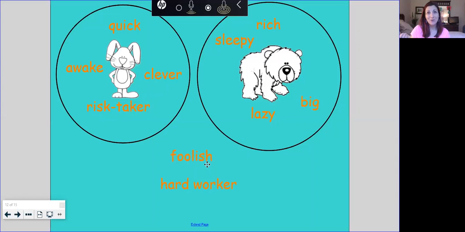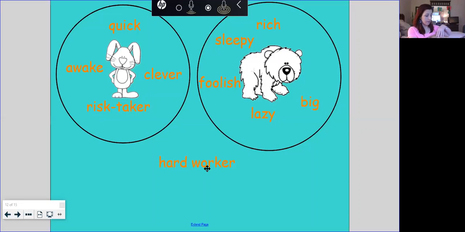Who was easily tricked in this story? Bear. Good. All right, last descriptor. We have hard worker. Which one of these characters was a hard worker? I don't know. Let's take a look.